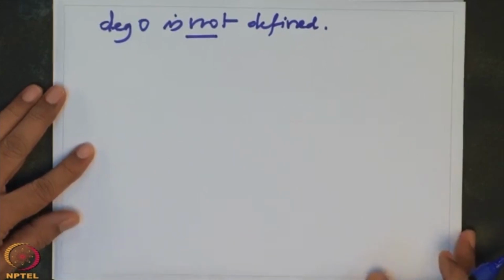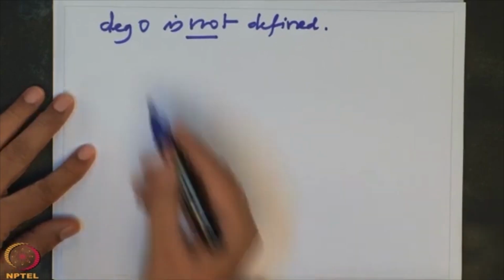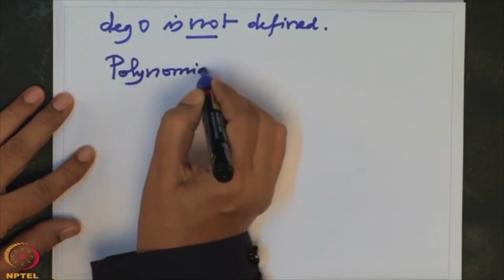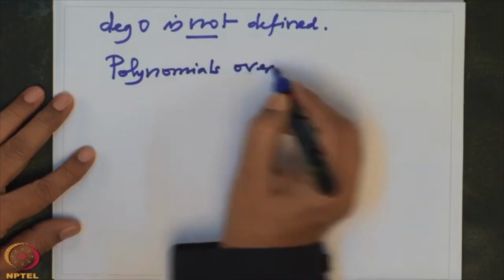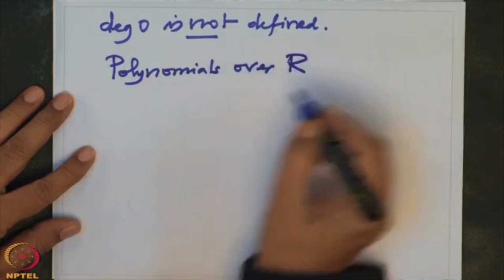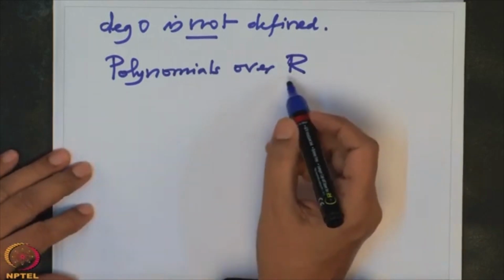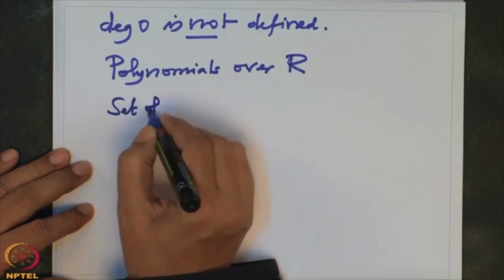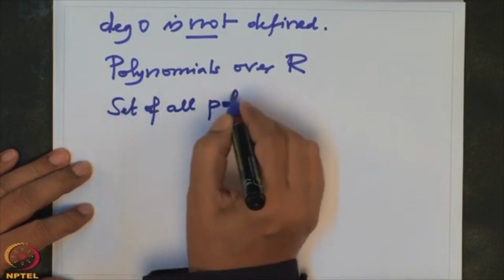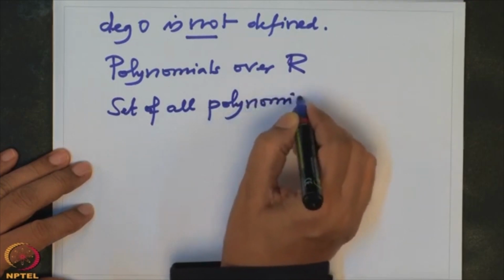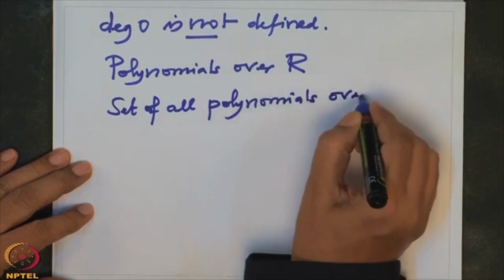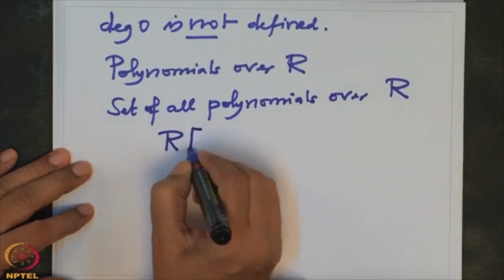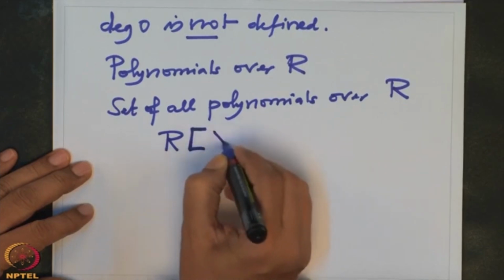These are also called polynomials over k, polynomials over R. And the set of all polynomials over R is usually denoted by R[x], R square bracket x.